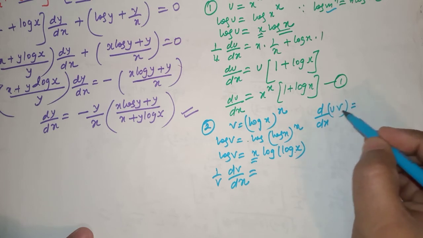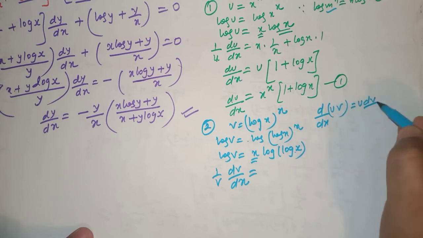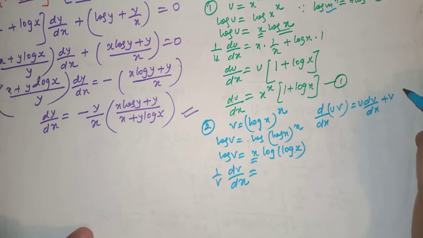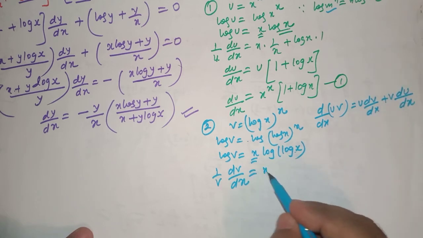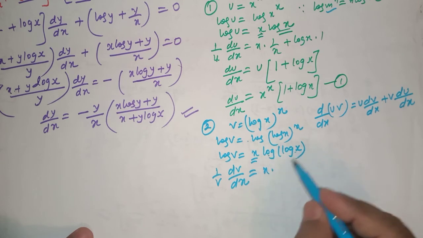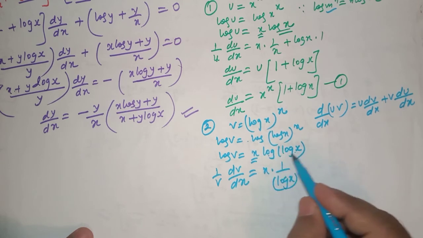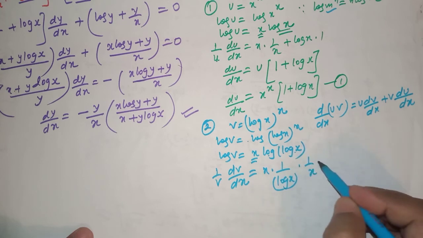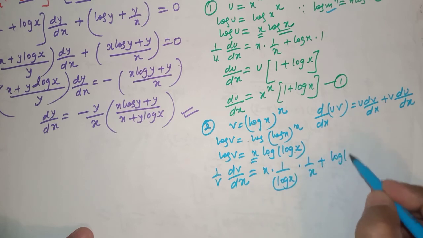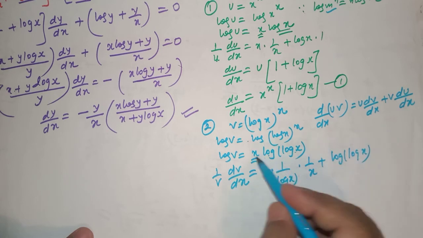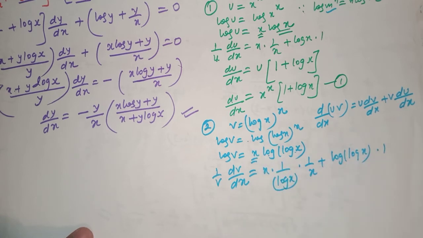Say u and v are two functions, so u dv by dx plus v du by dx. So here also we'll apply it: x times the derivative of log of log x, which is 1 over log x, then the derivative of log x is 1 over x, plus log of log x, and the derivative of x is 1.